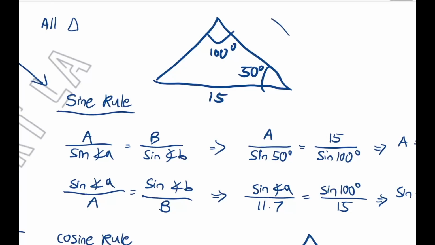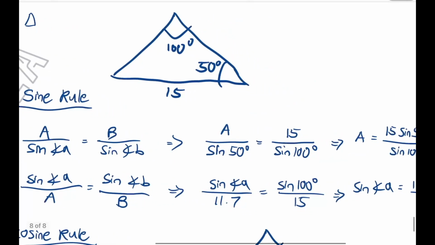And just a quick example using this triangle to show how we put in the values to use the sine rule. So imagine you have this triangle over here and you're trying to find this length. I'll call this length A, and then therefore this angle will be angle A. And we went through this very important point that the angle and the length are opposite to each other, as one pair.